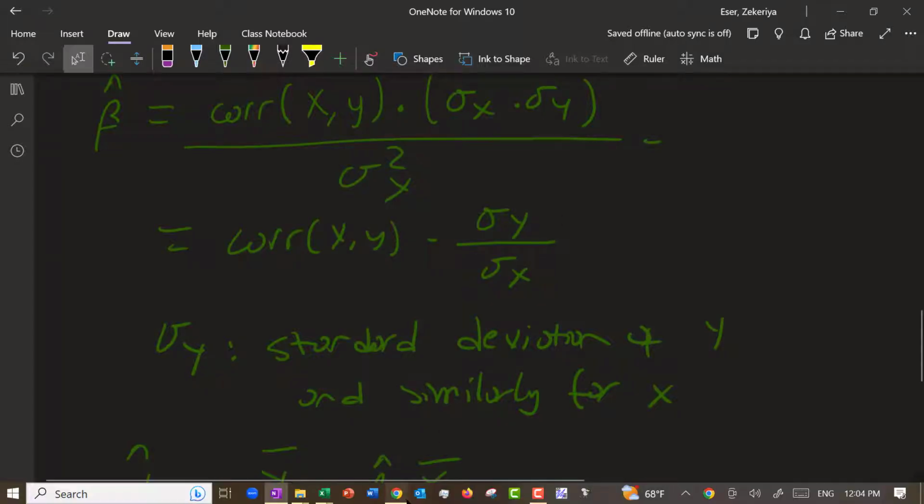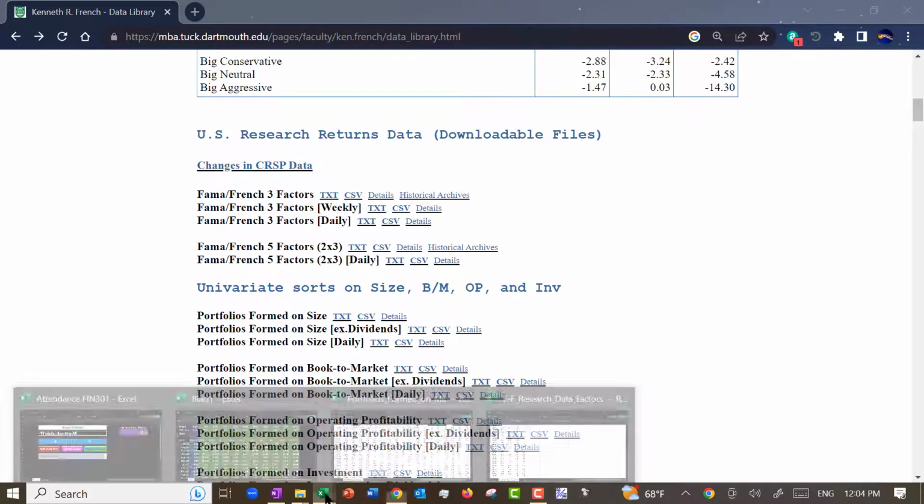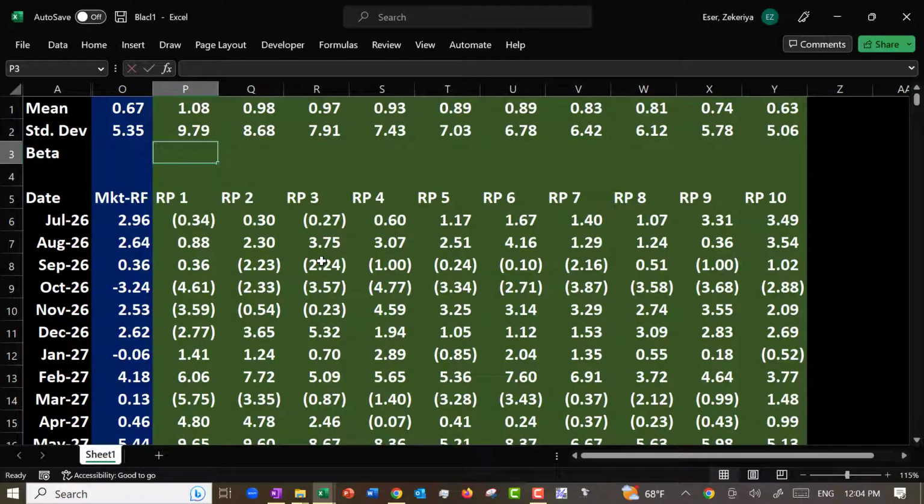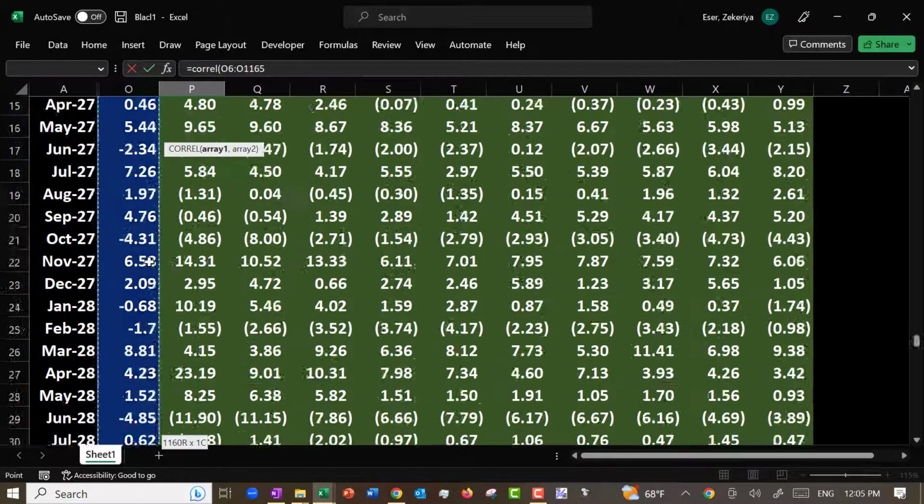So CORREL is the name of the function. It has two arguments, and they can be in any order since it's the market risk premium, and we're going to fix that. And risk premium on the portfolio.